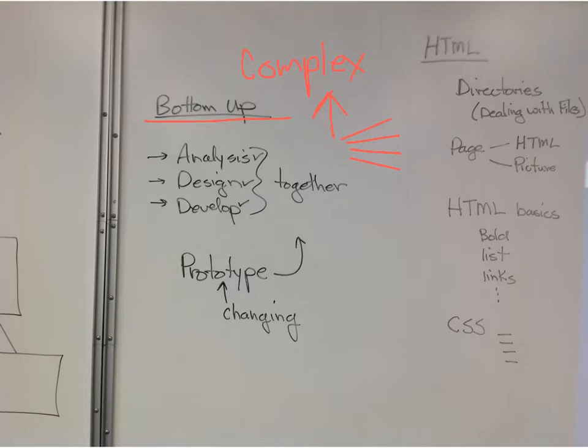Next thing, let's take a look here at what we're doing HTML-wise. That first assignment we created were directories, and we started a document to represent those. And we put pictures in there and text in there.